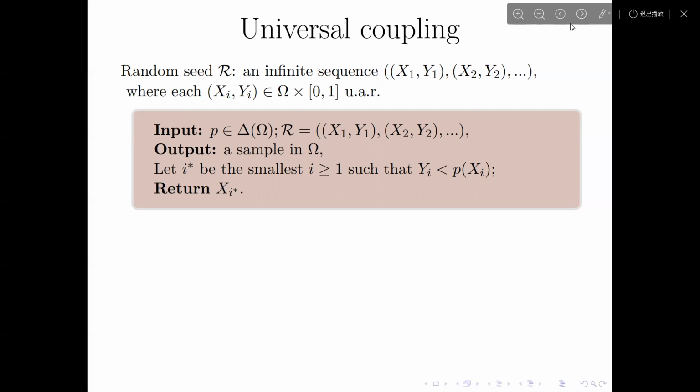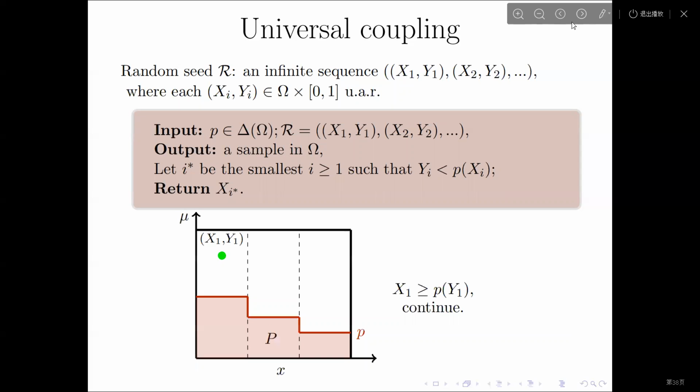The procedure F can be described as follows. We continuously sample a node (xi, yi) uniformly from the rectangular area. Whenever the node falls into the shaded area, output the x-coordinate of the node and terminate.